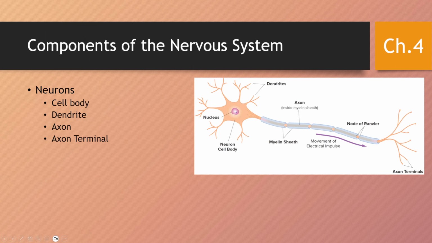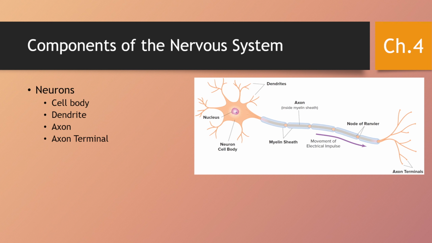All right, so let's talk about some different components of the neural system first. So of course we have to start off by talking about neurons, right? So neurons make up our nervous system, right? And these are comprised of a few different components. So we have a picture of a neuron here up on the screen, and we can see that it has some general similar structures to other neurons we may have seen in the past, right? So we have things like the cell body, that large area on the left-hand side with the nucleus in the center of it, right? From there, we see things like the dendrites coming out. Those are those shorter little orange roots coming out of that cell body.